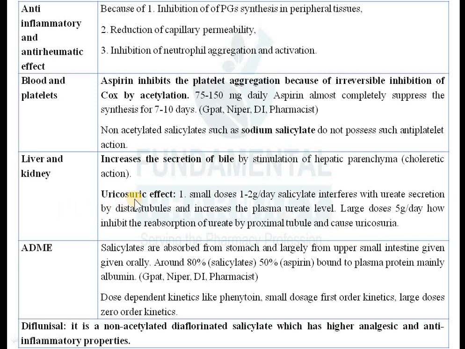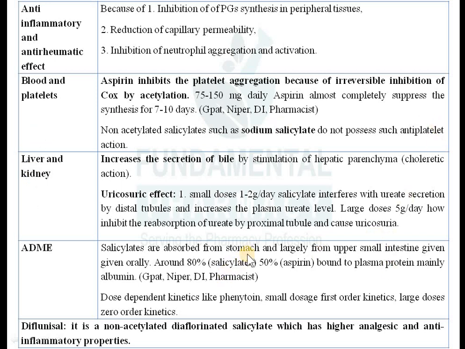Then uricosuric effect. In small doses, salicylates will interfere with urate secretion, uric acid secretion in the distal tubule, and it will increase the plasma uric acid level. But in large doses, for example 5 gram per day, it inhibits the reabsorption of urate and increases the secretion of uric acid, resulting in a uricosuric effect.